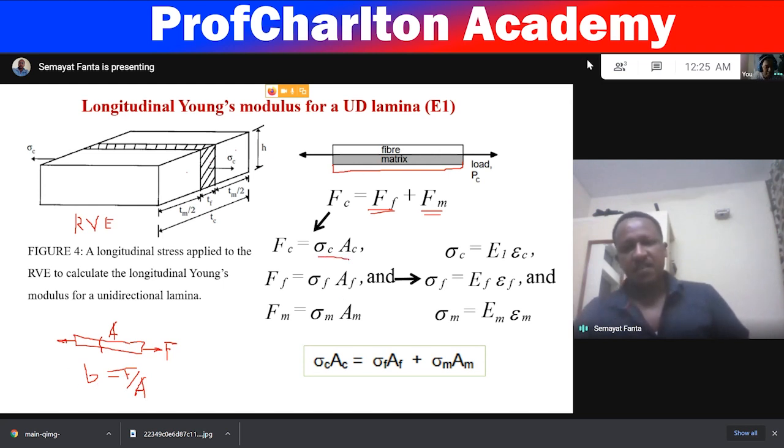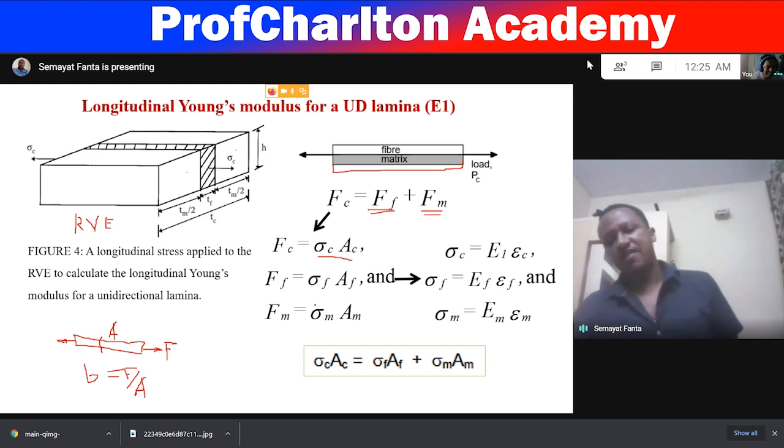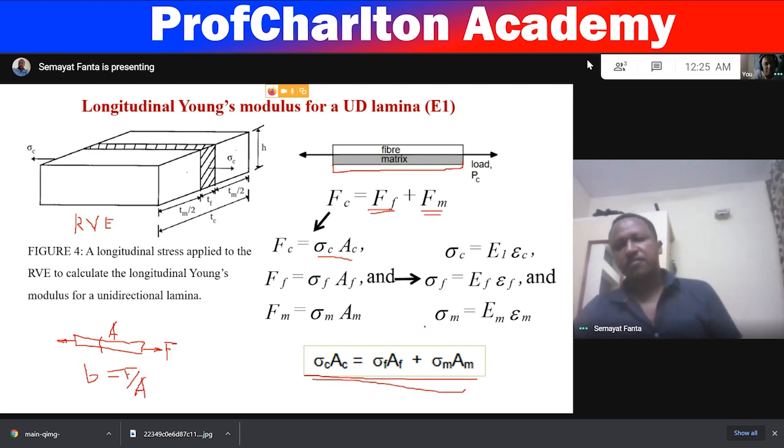Force on the composite is equal to stress on the composite times area. Force on the fiber is equal to stress in the fiber times area of fiber. Then we can finally get this formula from this relation.